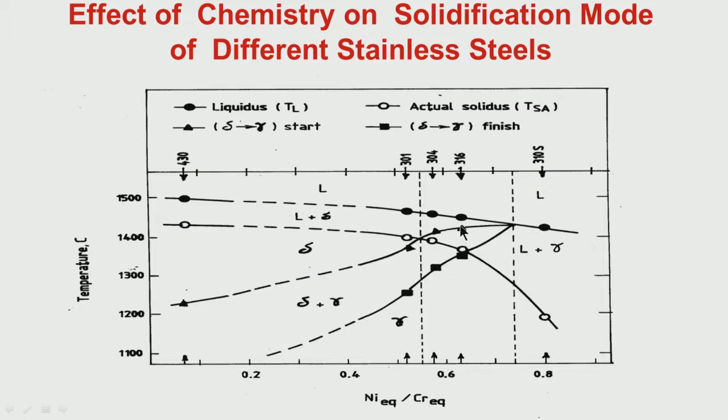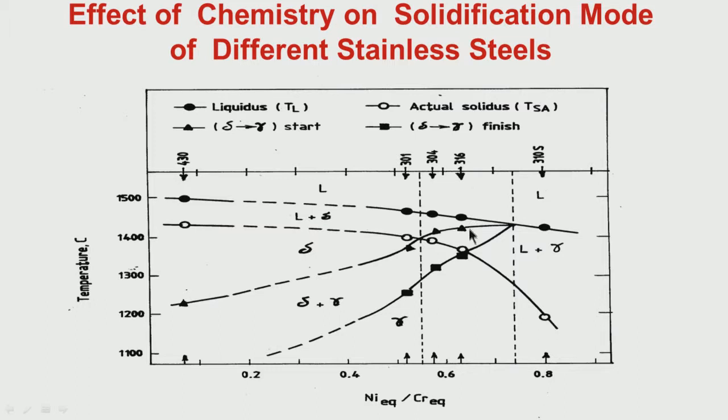That means when the solid fraction is about 0.3 or so, delta to gamma has started forming, and most of the delta to gamma is over by the time we come to the end of solidification. So there is a change between 301, 304 and 316. In 301, delta to gamma is taking place after solidification is over. In 304, delta to gamma has started taking place toward the end of solidification.